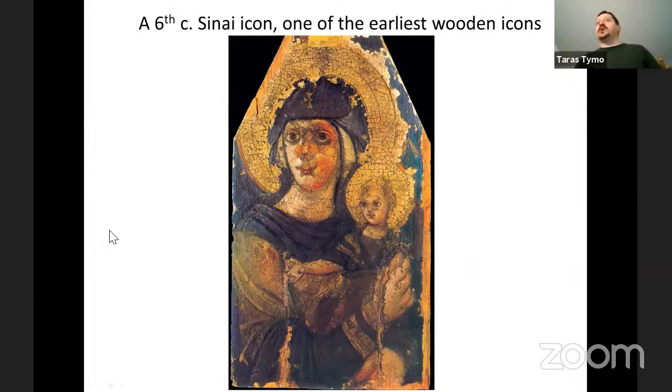And Mary is also looking in this direction. So the icon is clearly made with a view of people who are here, and those probably are the three kings, the three wise men who brought the gifts. And Mary is holding the child in a tight embrace in this case. She's not offering the child, but simply embracing him.